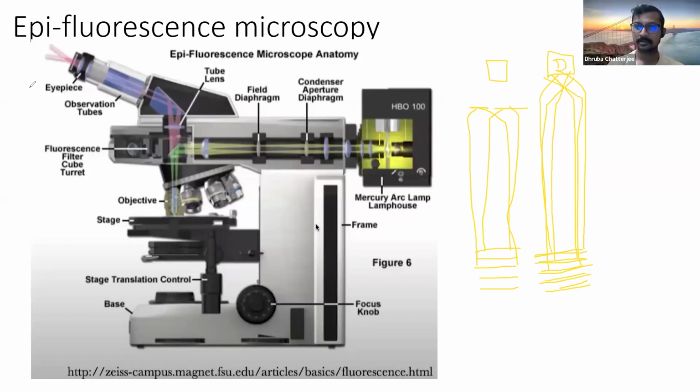Just the light coming from this plane is capable of going through to the detector. So the light coming from just a single plane out of all of these different planes is now able to go to the detector and form the image.